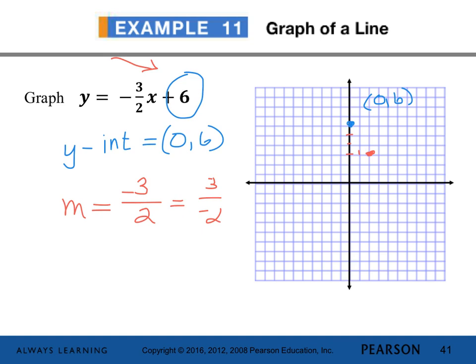Now it just happens that that point is (2, 3), but that isn't really important. What is important is that that's how I got that point. I can also do it by going up 3 and left 2, which would put me here.